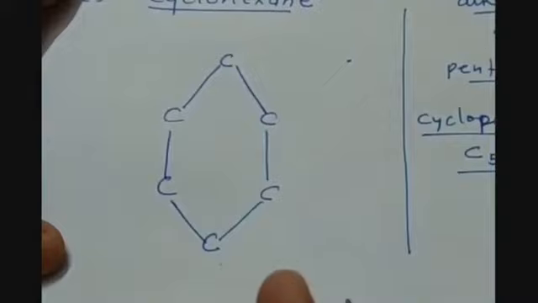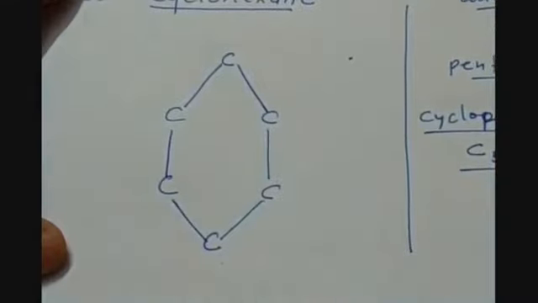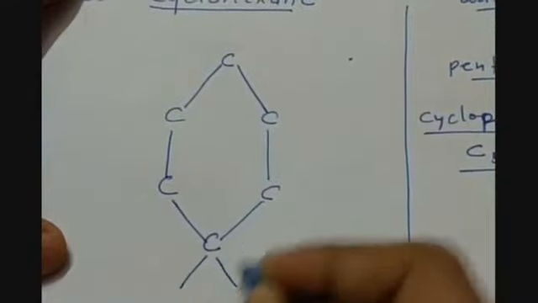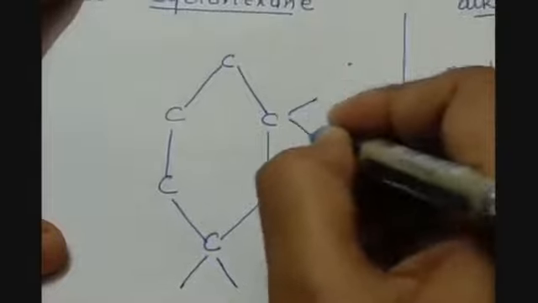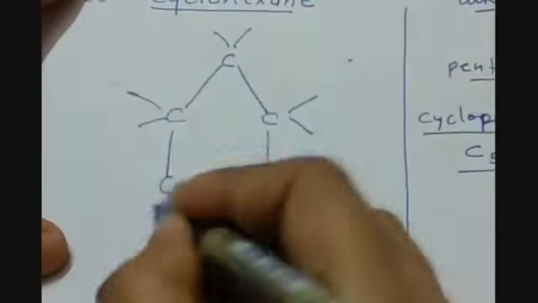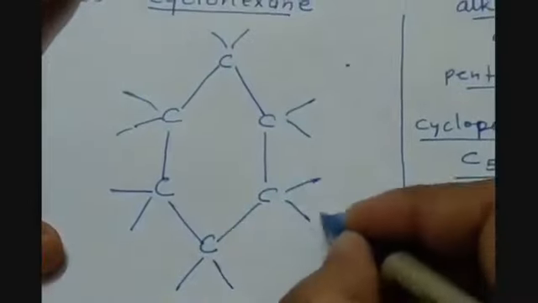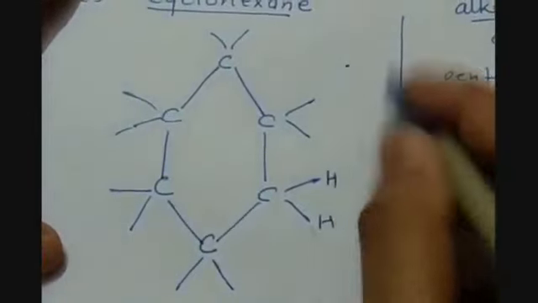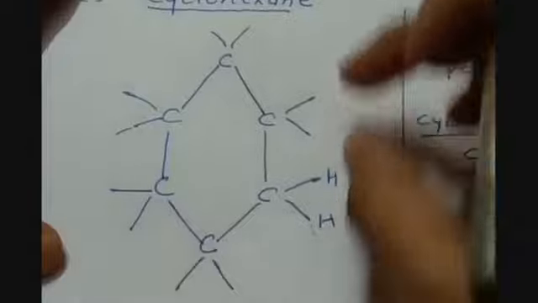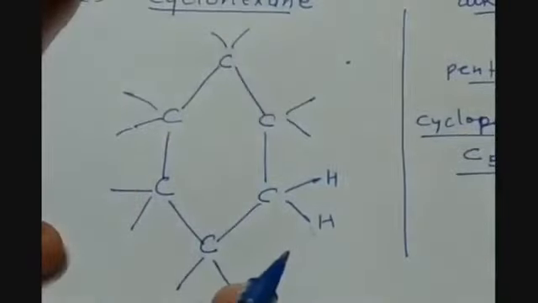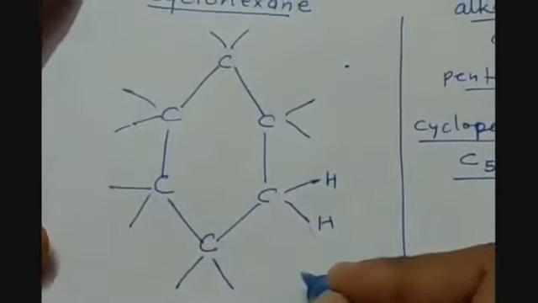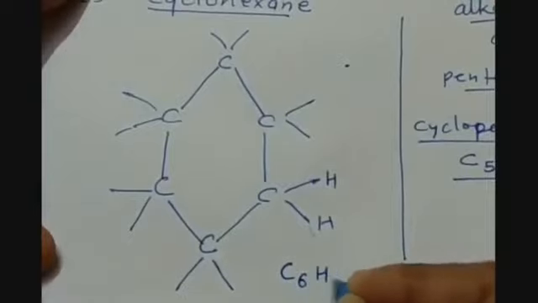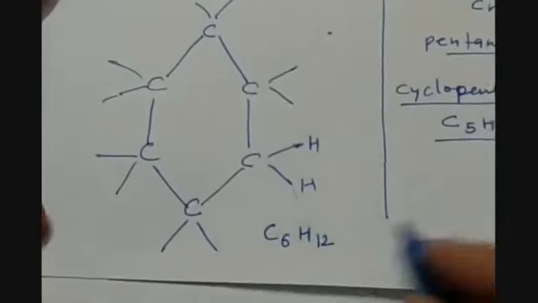And the rest of the valencies we have to fulfill with the help of hydrogen. So all over, hydrogen will come. So this way 2, 2, 2 and 6. So in total 6 carbons and 12 hydrogens are there.